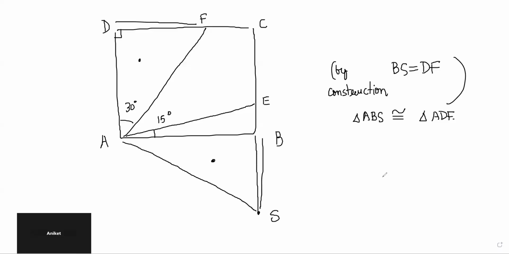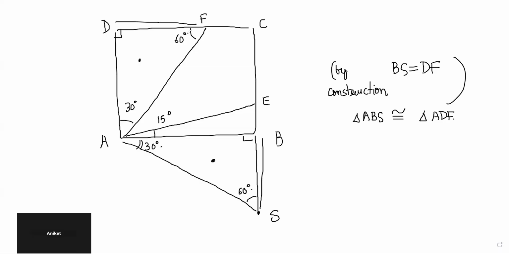So obviously this angle is 30 and this is 90 and this is 60. We know all this, right? Correct.